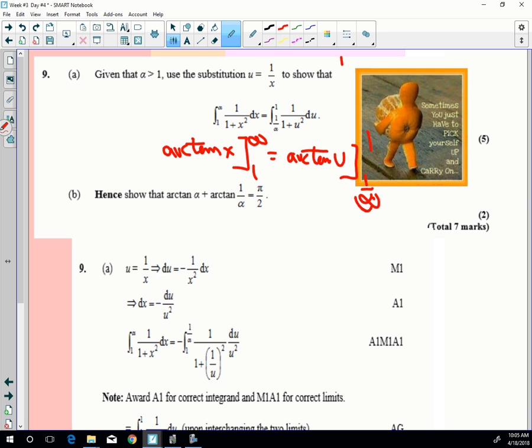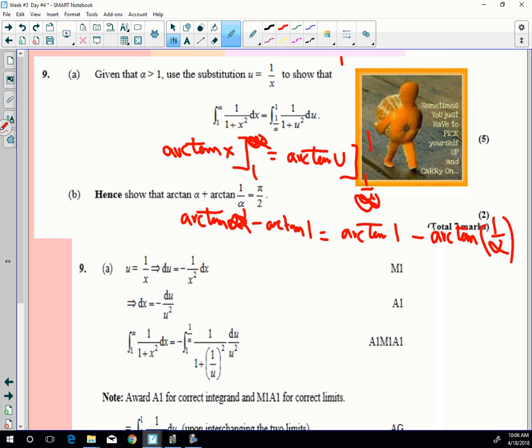So this is just going to be the arctangent of alpha minus the arctangent of 1. And then this is just going to be the arctangent of 1 minus the arctangent of 1 over alpha. Right? Sorry about that infinity thing. I did that last night when I was doing this.